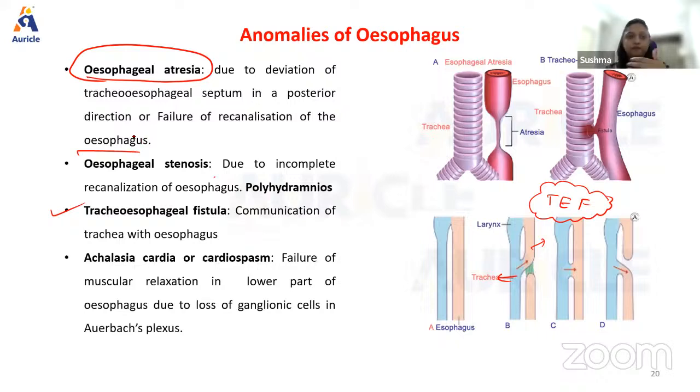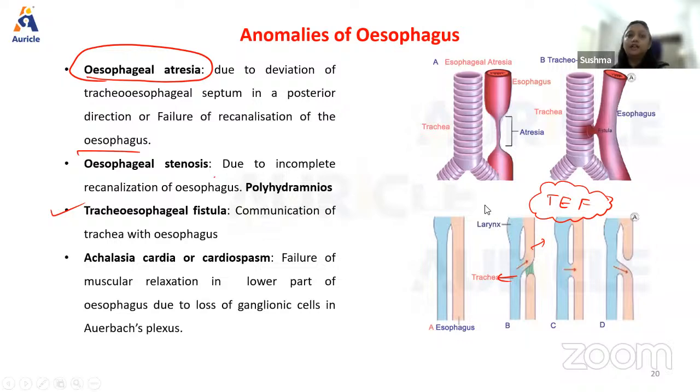Suppose the septum was supposed to divide it into equal halves. Anteriorly I have trachea, posteriorly I have the esophagus, but because of some deviation in the development of the septum, my esophagus may not even develop at all, or in some portions it may not develop. That is called esophageal atresia.